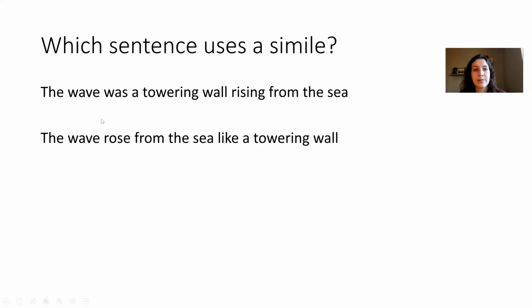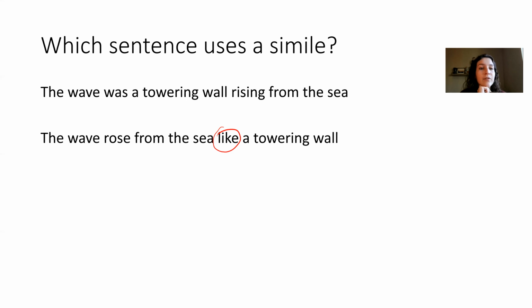All right, for this example, we have to identify which sentence uses a simile. The wave was a towering wall rising from the sea, versus the wave rose from the sea like a towering wall. Right off the bat, we see the word like in the second one, and you can use that to identify it as a simile.